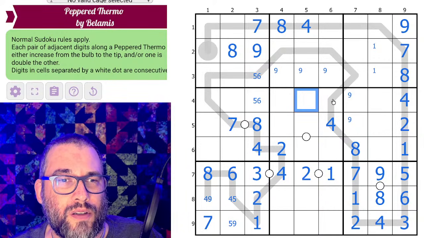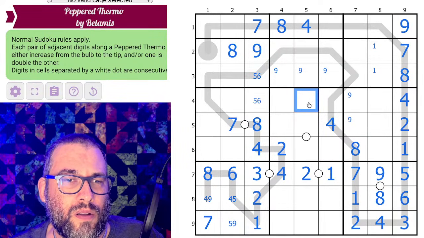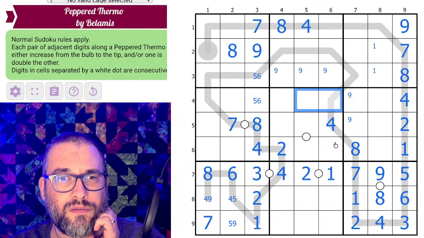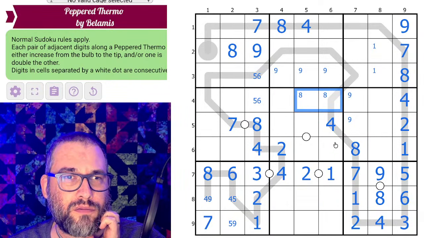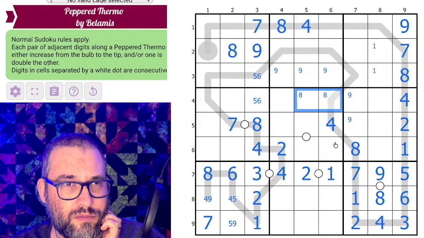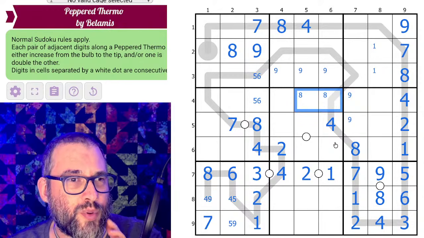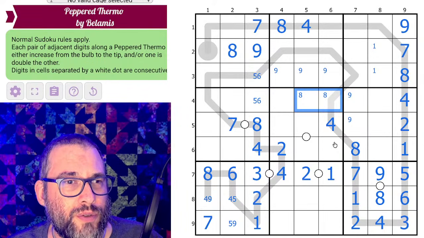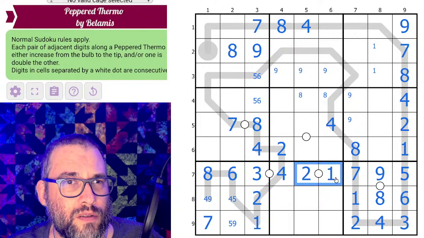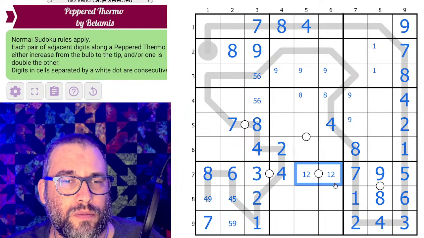Oh, wow. Well, 8 is in one of these. Garion has a point. You sure that 1-2 pair in box 8 is in the right order? Oh, thanks.